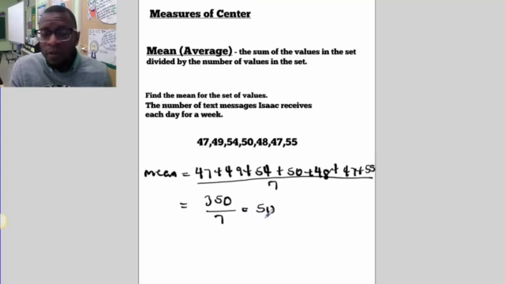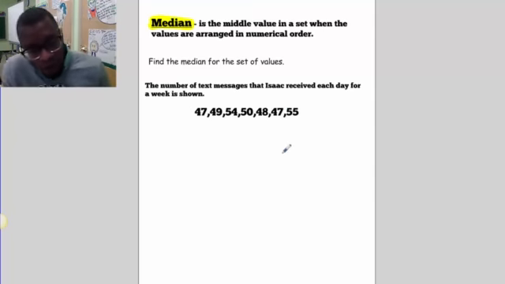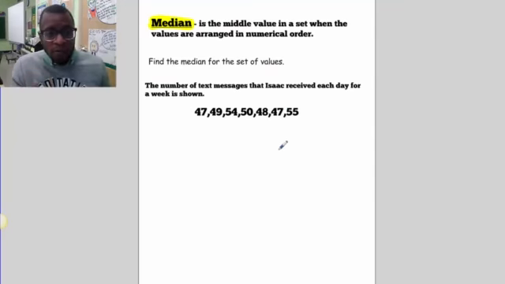And so what this tells us is that on a daily basis, he gets an average of 50 text messages per day, which is really close. If you look at our set of data, that's a good mean because all of these numbers are really close to 50.